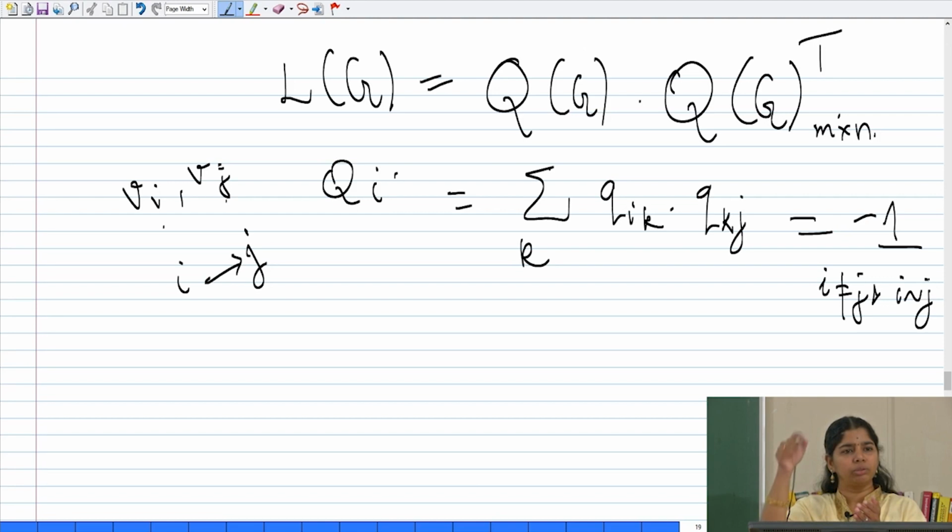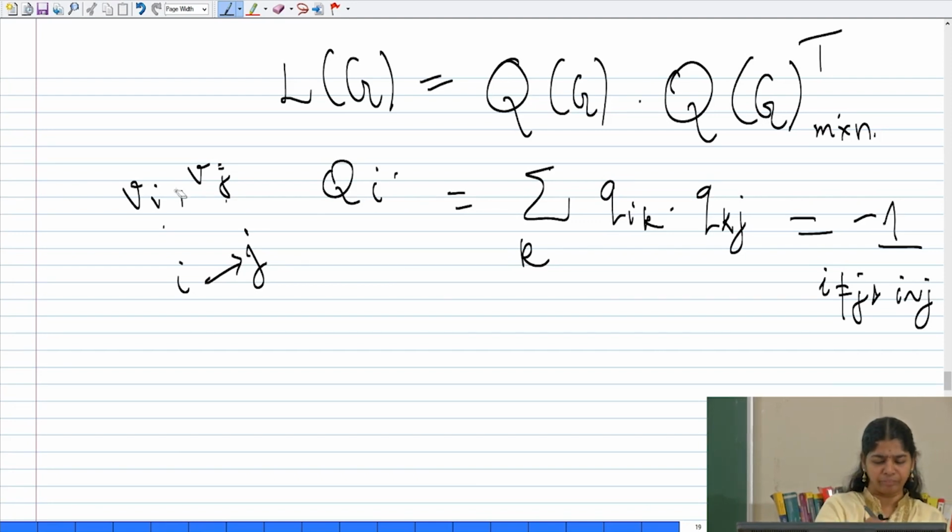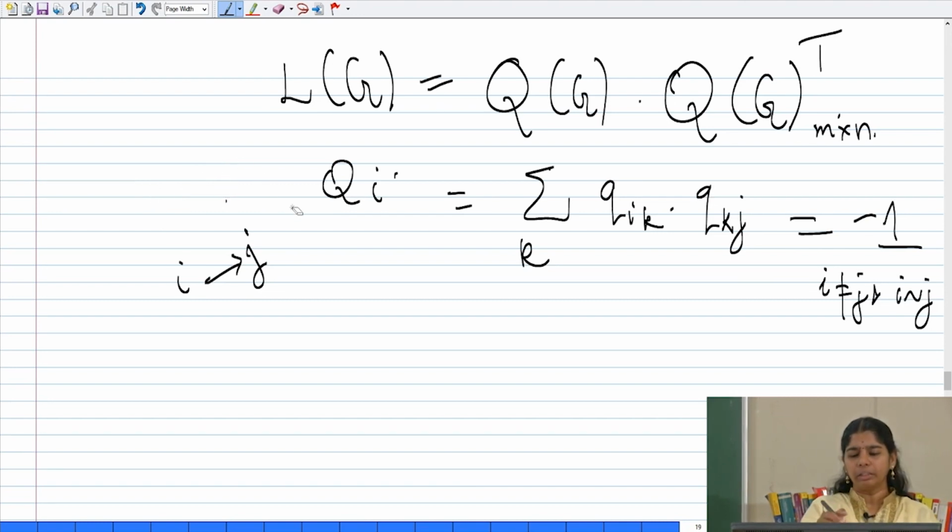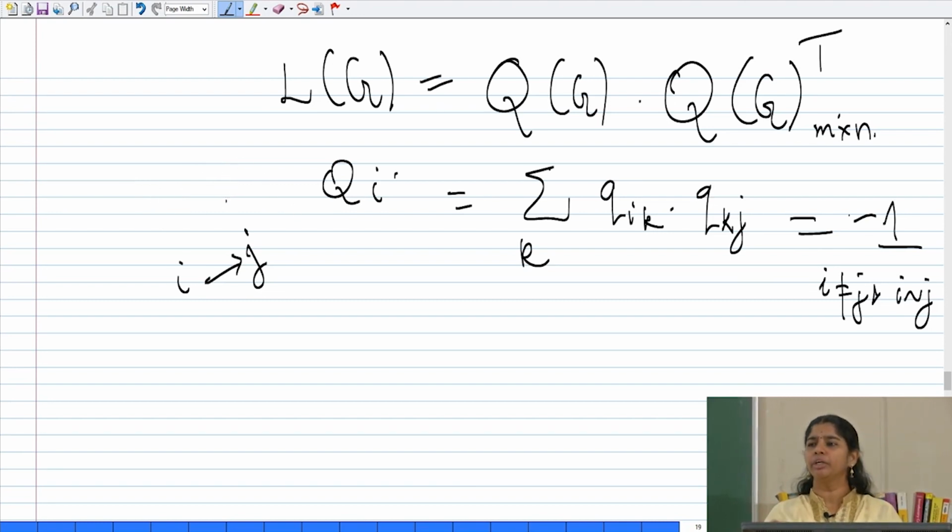You look at the same row and same column and multiply, like taking an inner product. So, you will be adding all those places wherever you had a 1 appearing, so it would add up to the degree of that vertex. Therefore, we can immediately conclude that L of G is nothing but Q of G into Q of G transpose. Okay.